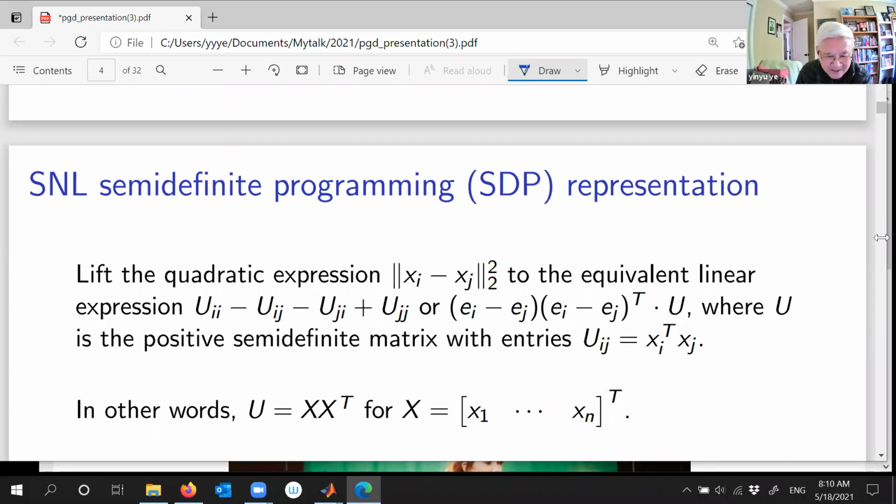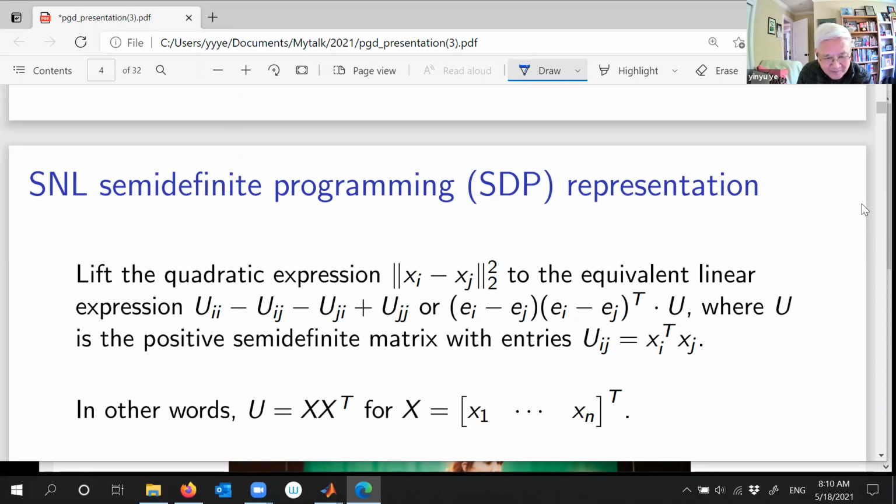Once you write this down, we can use a matrix representation, which is U. This writes out Uii minus Uij, Uji, Ujj, so you can simply write a matrix dot product with ei, the unit vector that only has a 1 at the ith position and 0 everywhere else.